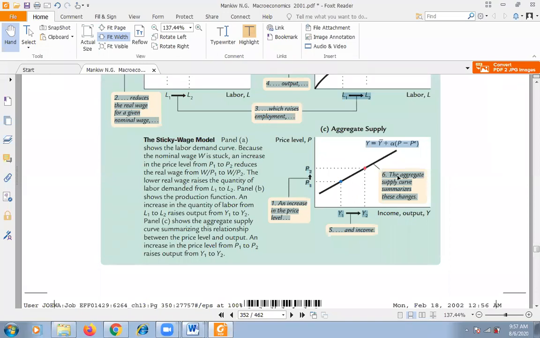But in the long run, when the expected price and actual price are the same, the aggregate supply curve is vertical, not dependent on the price level. So this is a simple discussion on the aggregate supply curve that is very important and can be part of your exam.